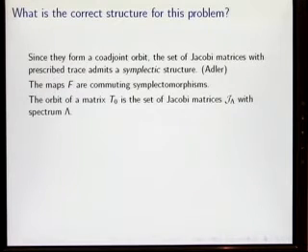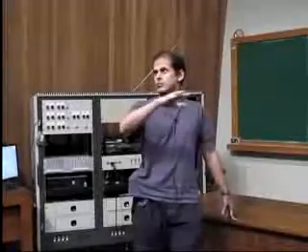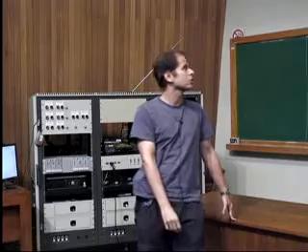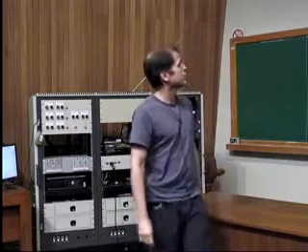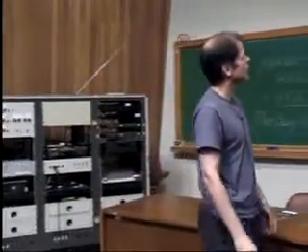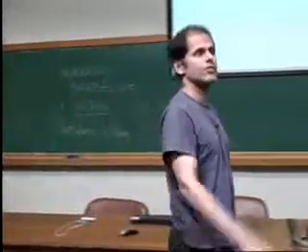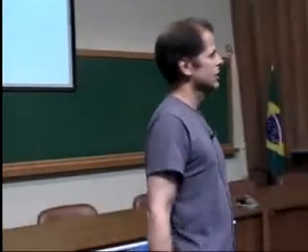So if you consider the orbit not under one instance of F, but all such maps and all such flows, the orbit of a matrix T0 is the set of all Jacobi matrices with that given spectrum, okay?